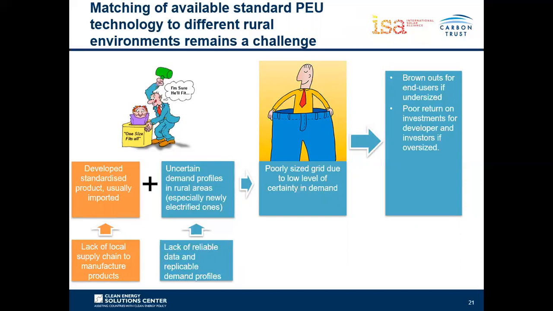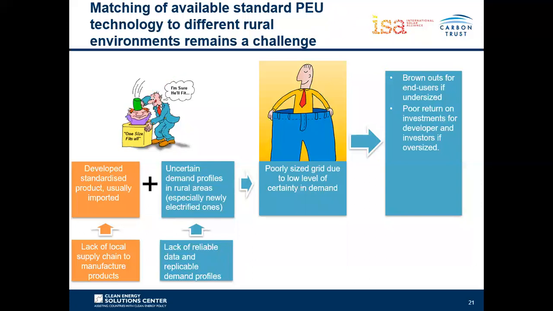These two combined to either result in no investment in these renewable mini-grids by developers, or an oversized or an undersized grid, each of these having their own problems related to it. An undersized grid will result in brownouts or electricity supply constraints, wherein there is not enough electricity to meet the demand, which frustrates the users who will not be able to use the electricity that they need in their businesses.